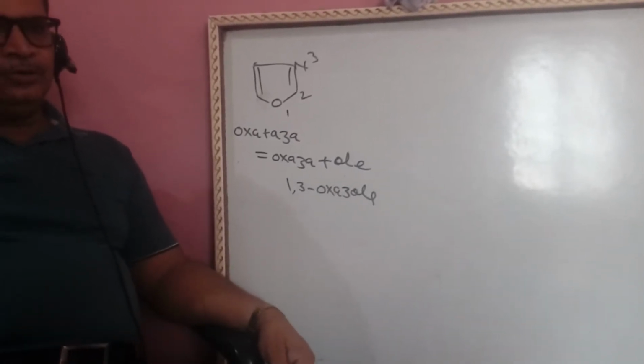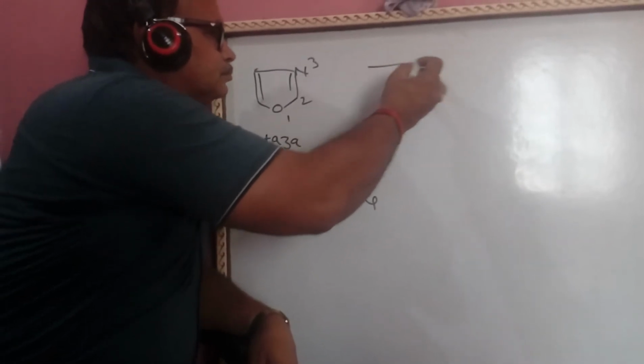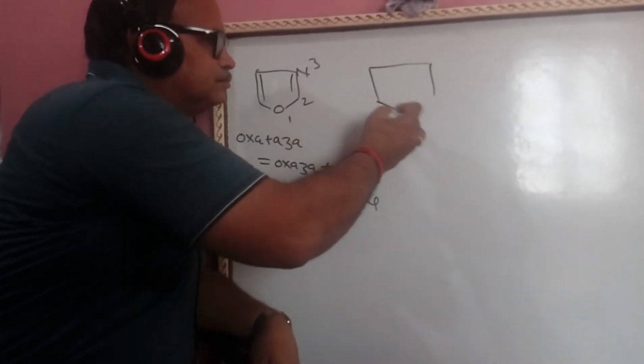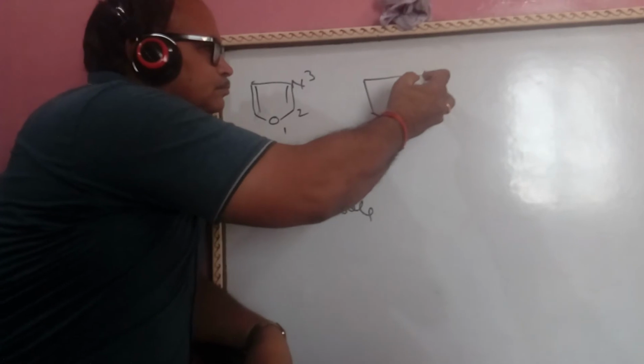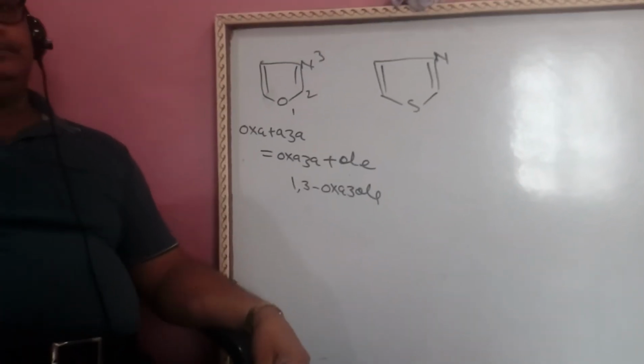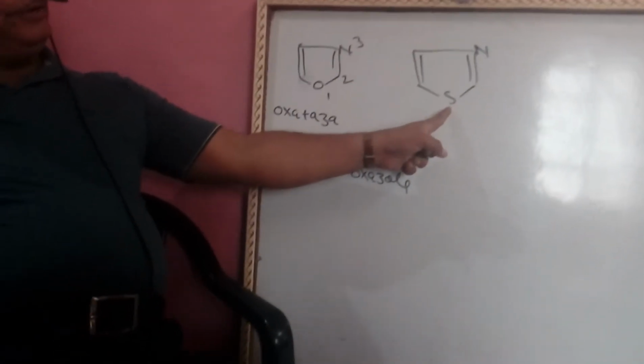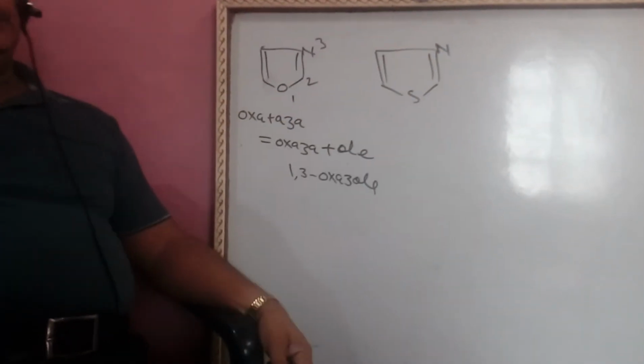Similarly, there is another example. In this case, the heteroatoms are sulfur and nitrogen.